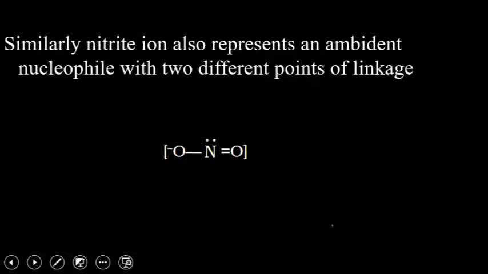Similarly, nitrite ion can get attached from the oxygen, which has a negative charge, or the nitrogen, which has extra electrons. And remember, if oxygen is free, it will get attached from the oxygen only, because oxygen is more electronegative.